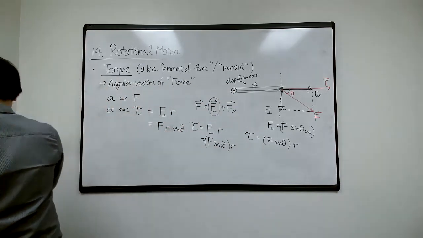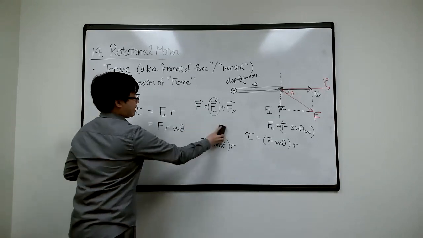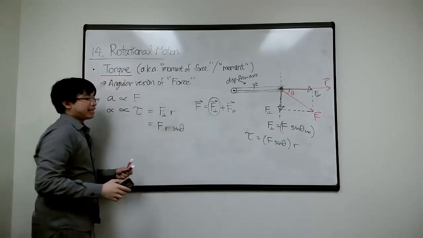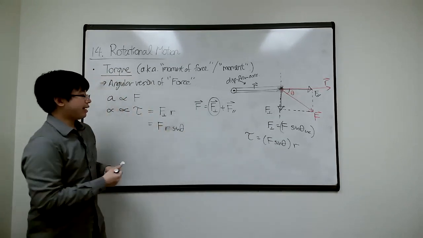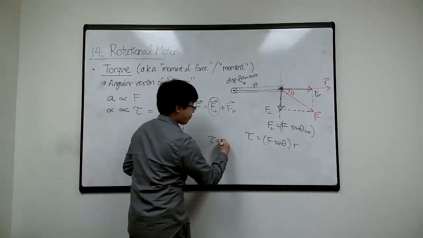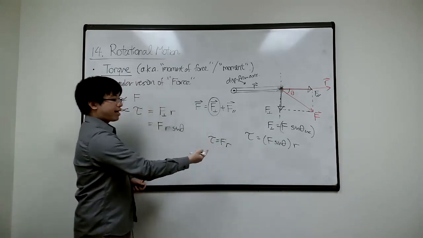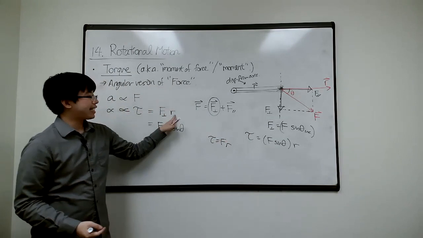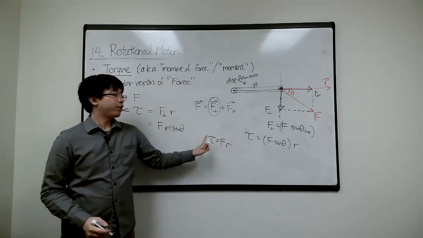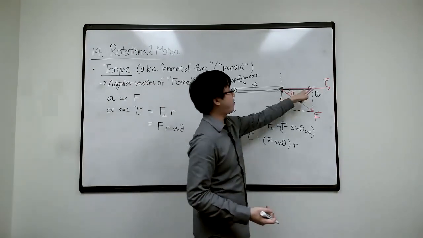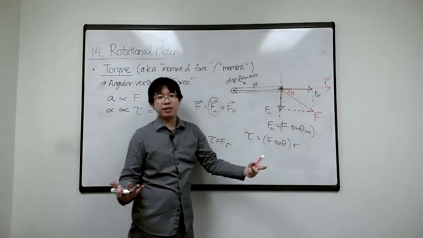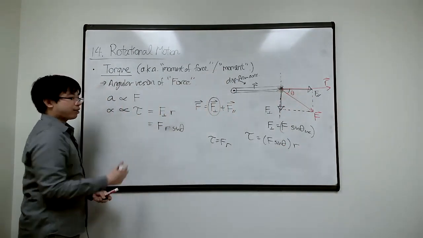So that's the second version of the definition, a little bit more precise than just force, because originally if I just say, hey, tau equals FR, but it depends on the direction, right? You need this guy to be perpendicular to R for you to have a torque. Otherwise, if it's parallel to R, you will not have a torque, okay? So this is the more accurate one.